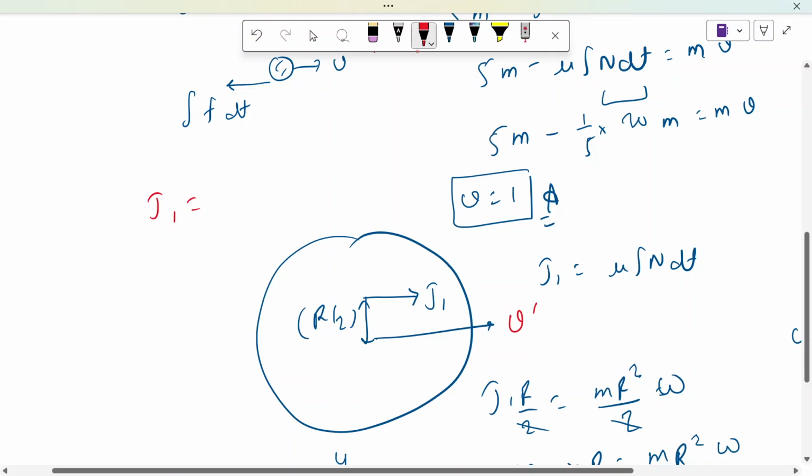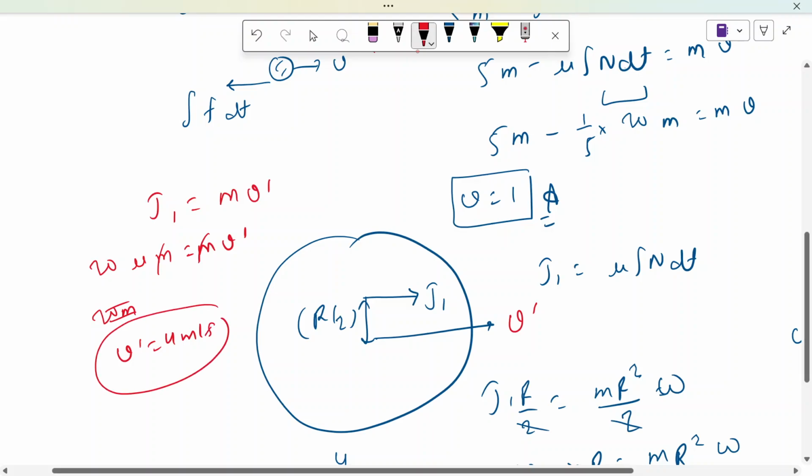J1 should be equal to m into v dash. So J1 is mu into 20 m should be equal to m v dash, and the m gets nullified. So 20 mu is 1 by 5, that is v dash equals 4 meter per second, right? So v dash is 4 meter per second.